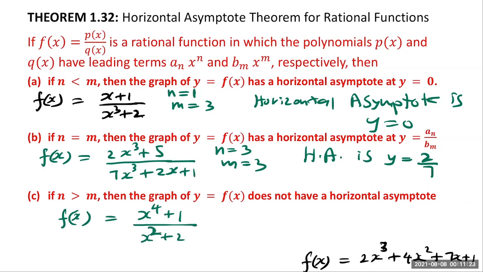As you can see clearly, the degree of the top polynomial is bigger than the degree of the bottom polynomial, where n is 4 and m is 2. So, no horizontal asymptote. Let me write it. No horizontal asymptote.